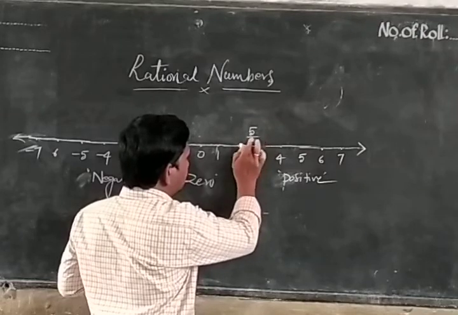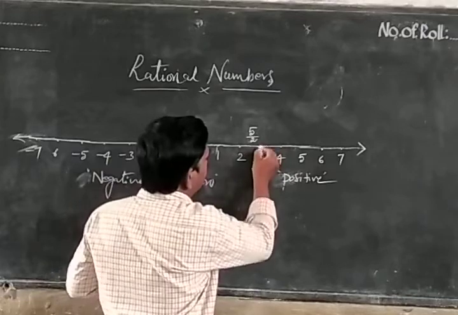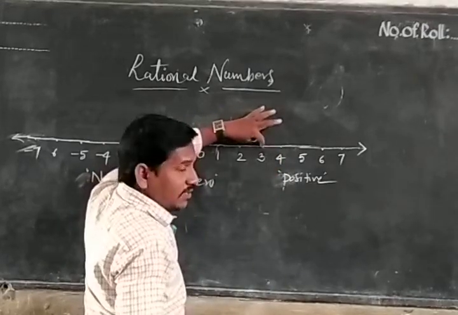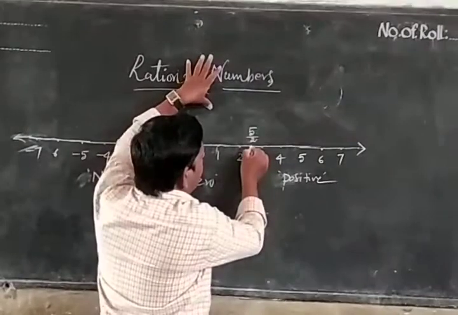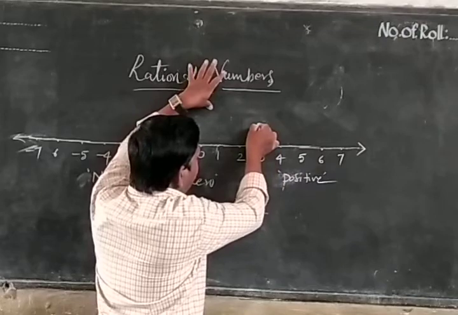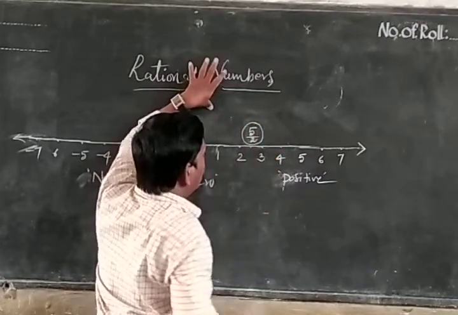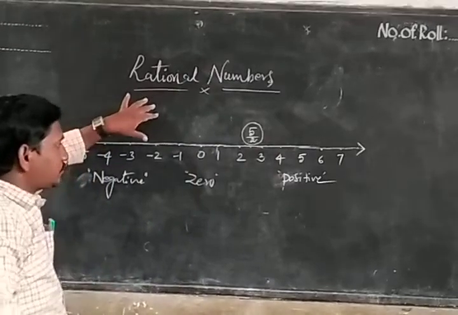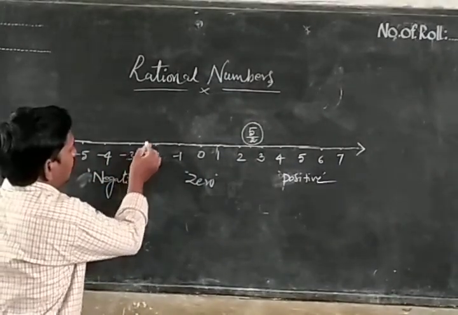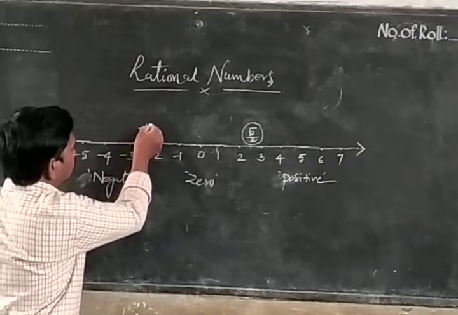Why? Because this is 2, 2 and a half. That means again 3. What is the middle value of the 2 and 3? This is represented by 5 by 2. And it is also minus 5 by 2.